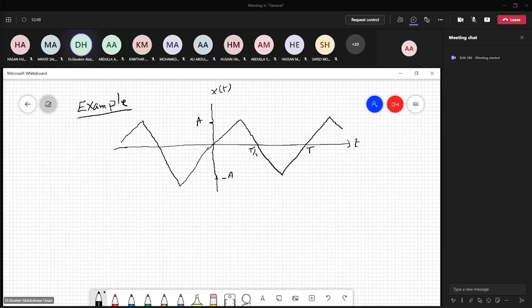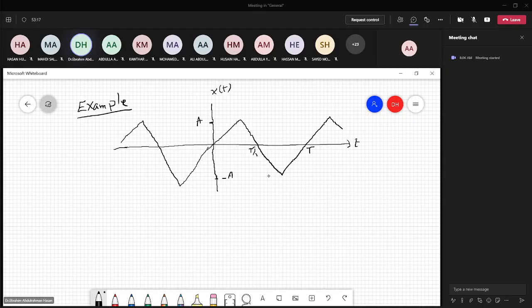What is the best way to solve it? Okay, the best one, it is clear, this has odd symmetry. Since it is odd, then the best is form number 2.